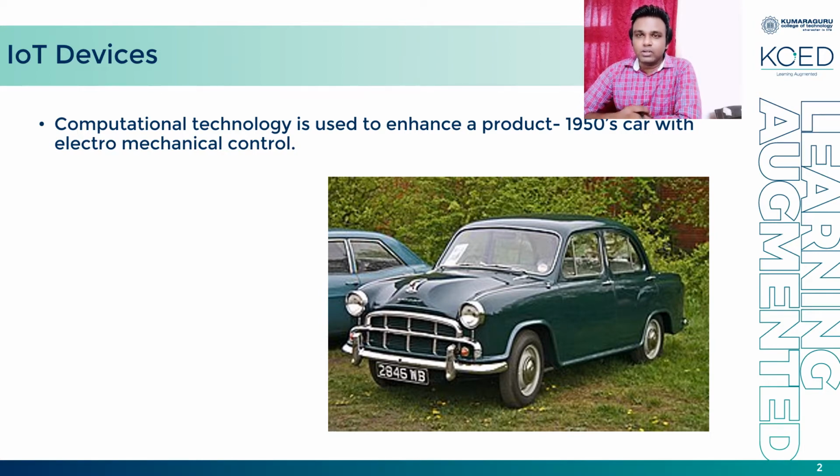If you take devices in olden days, mostly it was a combination of electromechanical parts. Later, in the latter part of the century, electronics became famous in the real-time environment, and electronics controlled the electrical and mechanical parts. If you take an example of an Ambassador car in the 1950s, most of the components were made of electromechanical components.